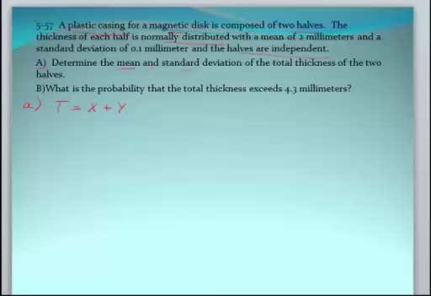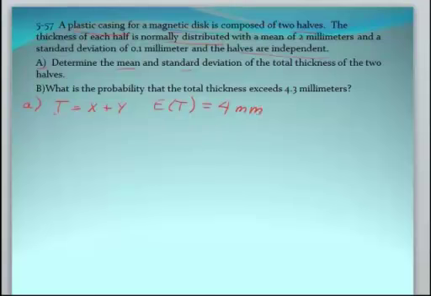And then we could say that the expected value of that thickness is just going to be the addition of the two expected values. Each one is 2 millimeters, so it would be 4 millimeters.